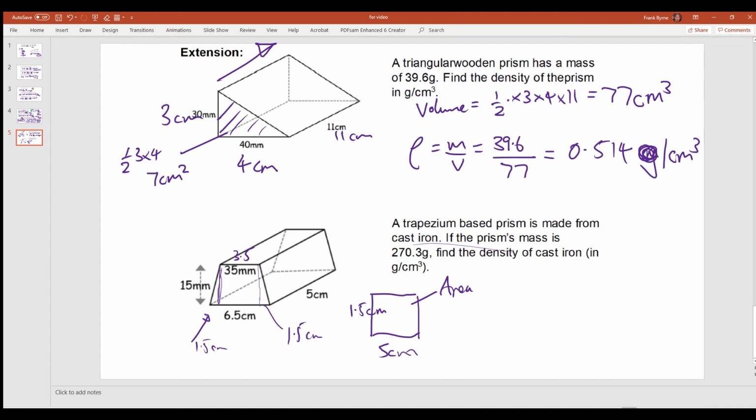Now that area gives us 1.5 times 5, 7.5 centimeters squared. Multiply by the length. What's the volume going to be? Well, look, it goes across here for 5 centimeters. Not very good scale on this trapezium, is it? But that goes 5 centimeters long. So the volume is going to be 7.5 times 5, 37.5.